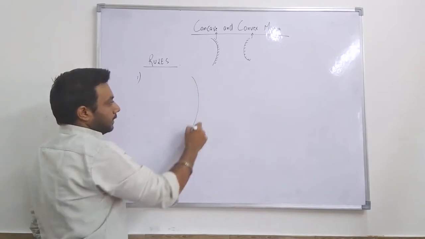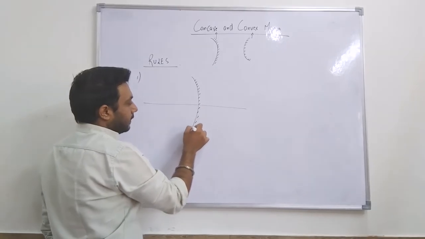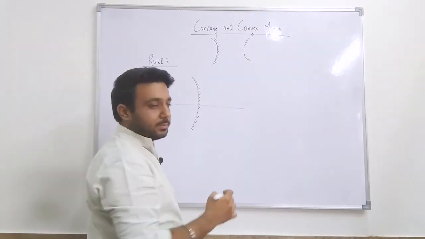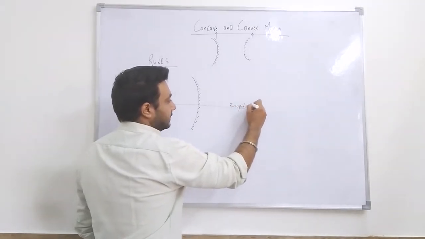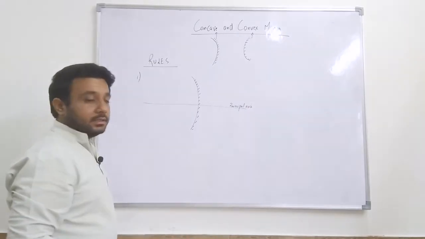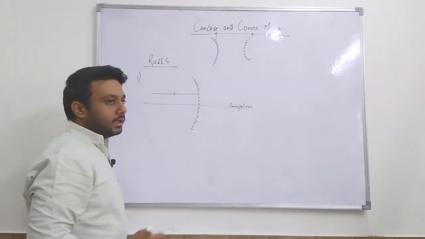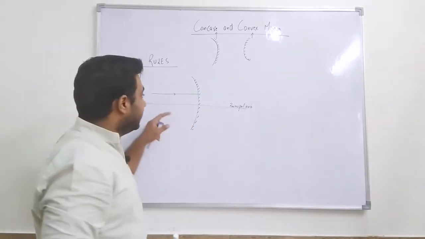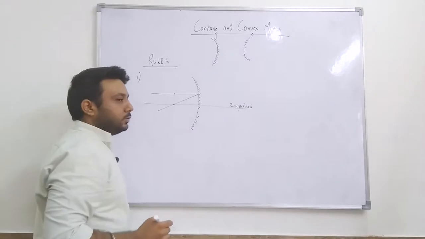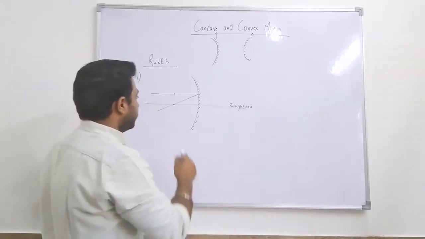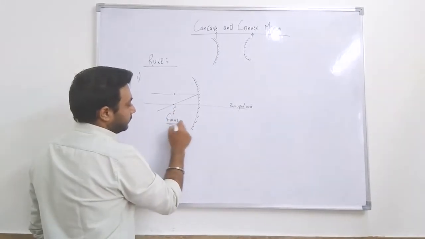If this is a concave mirror and this is the principal axis, then if a ray comes parallel to the principal axis, after reflection it will pass through the focus. This is the point which is called focus.